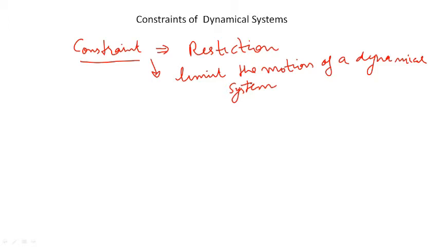So in classical dynamics we consider basically two types of constraints. Number one is the holonomic constraint, and the other is non-holonomic.